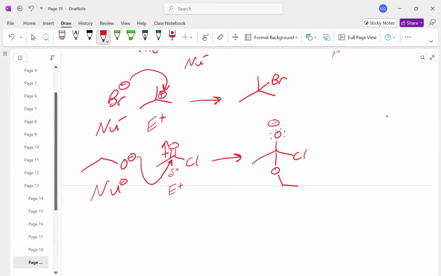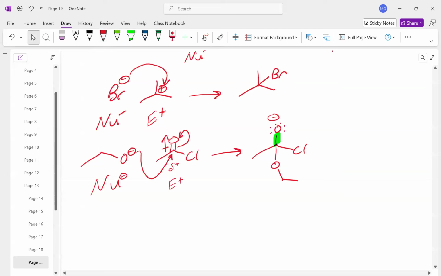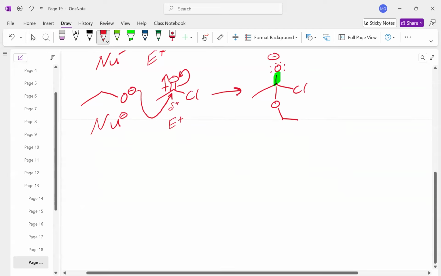Now, if I look at my product, notice that I do not have a pi bond here. So my mechanism has to address that. These pi electrons are going to move up to the oxygen. I know I have to do that also because if I didn't do it, I would have 10 electrons around that carbon.